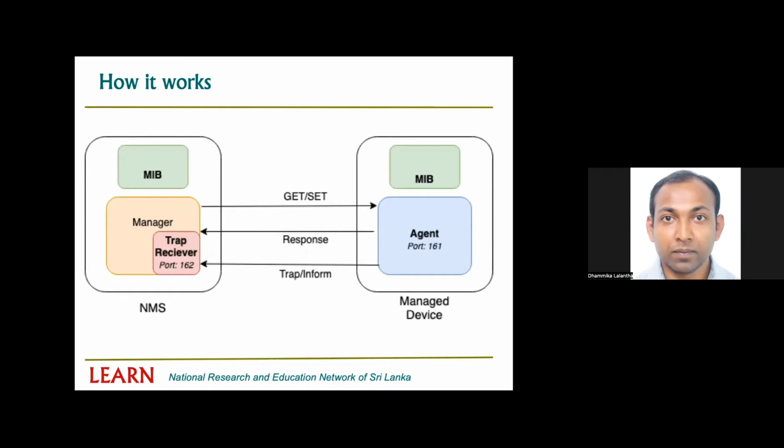Actually, in the MIB, as we'll see later, each object has an OID, the object identifier, which is a dotted, hierarchical number. So it has a mapped name for that MIB object.